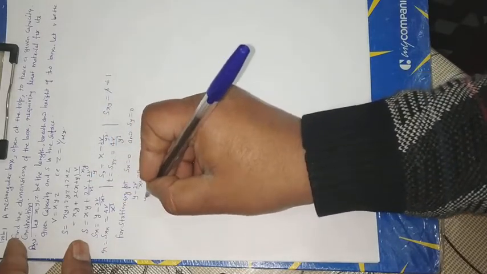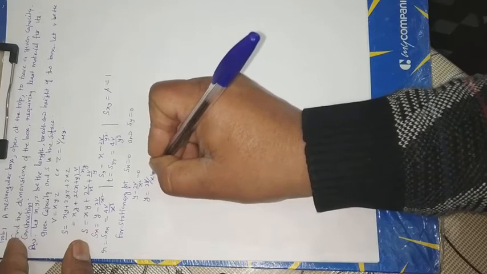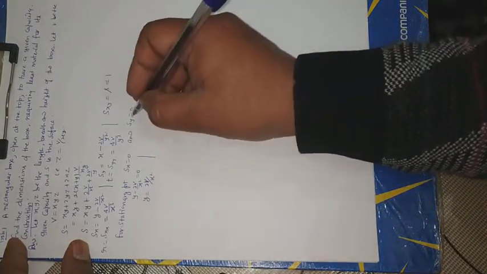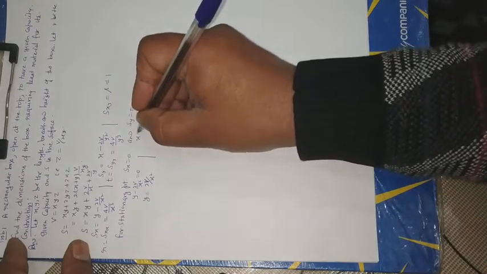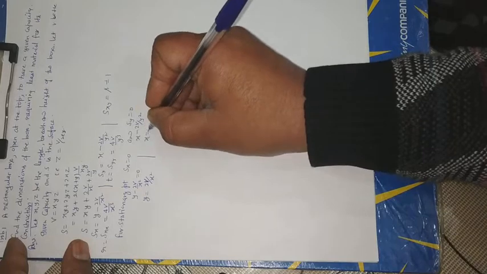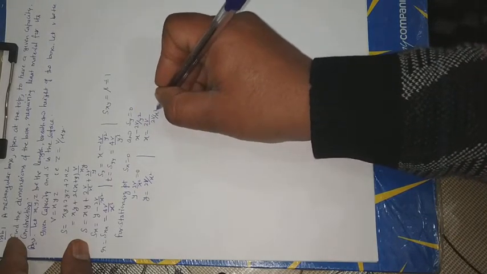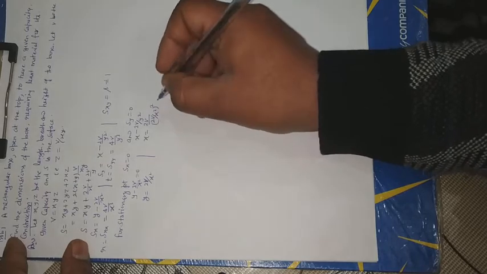Now y is equal to 2V upon x square. Now Sy: x minus 2V upon y square, that is x is equal to 2V upon (2V upon x square) whole square.